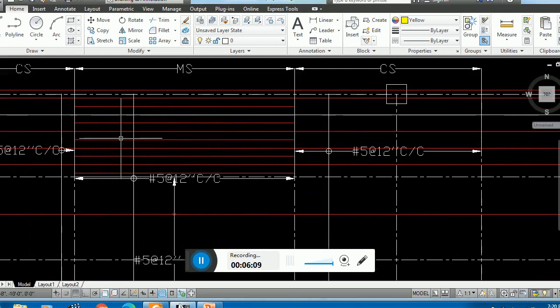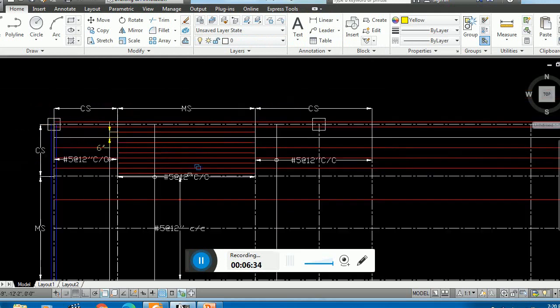Why? Because these red bars are my main bars, which will be provided for positive moments. Now these bars are placed at a distance of 6 inch center to center. Remember, these bars are placed, let me show you. You see the spacing is 6 inch center to center.